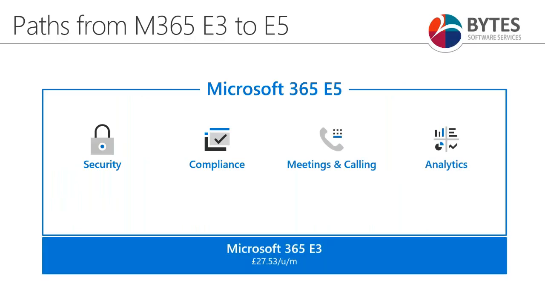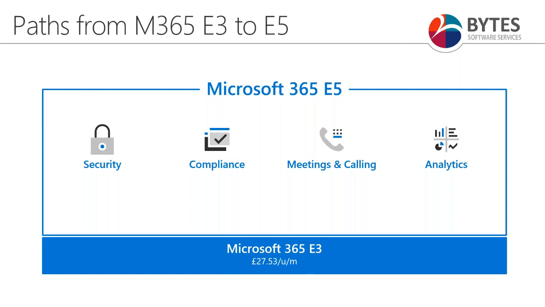So how can you take on these new offerings from Microsoft? First port of call is you need to have Microsoft 365 E3. These new offerings are really for existing customers on Office 365 or Microsoft 365 E3 specifically.